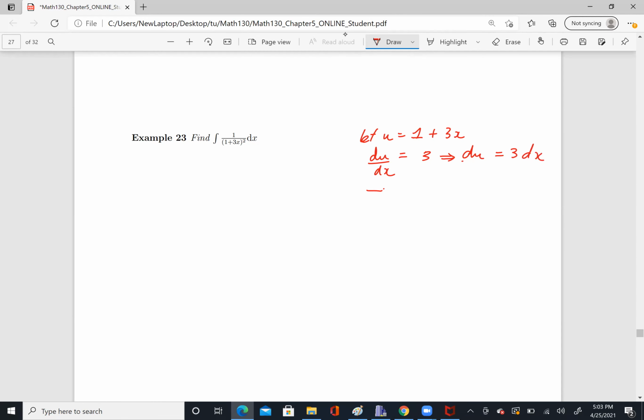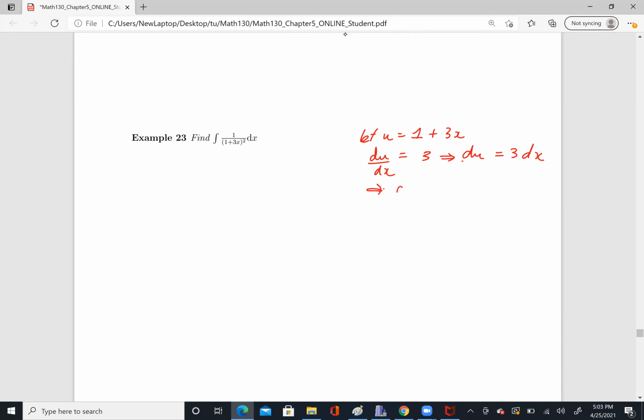And then dx will be equal to du divided by 3.